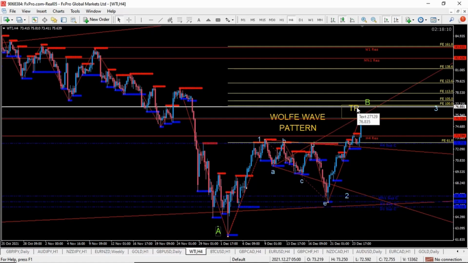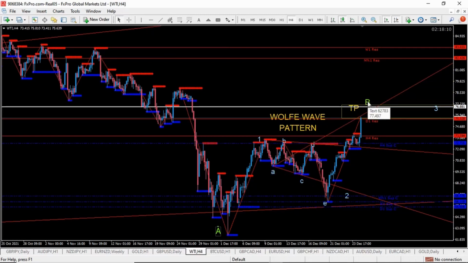There is also an extension where we can go to, 161. But because of our Wolfe wave pattern, this is the likely turning point we are looking at, which is around 76.881. That's where we are looking.